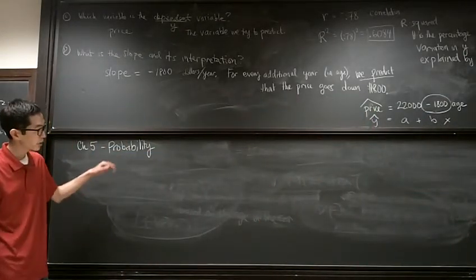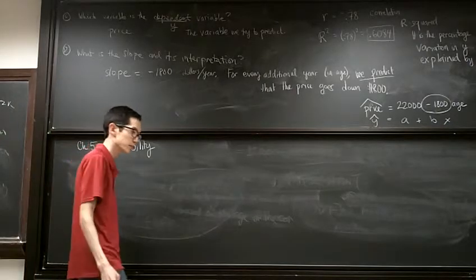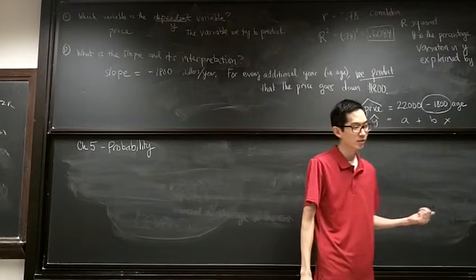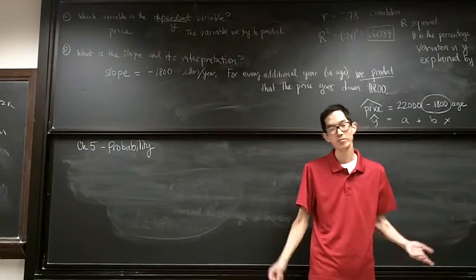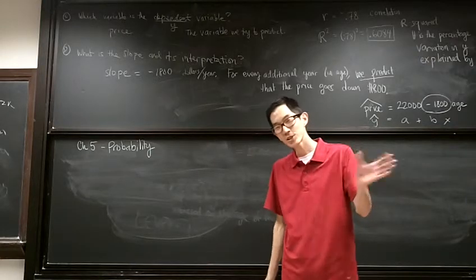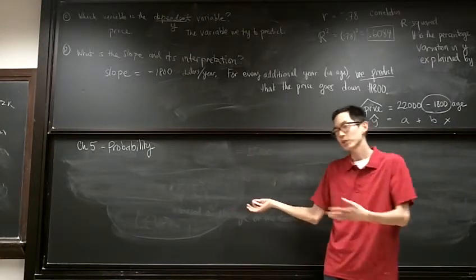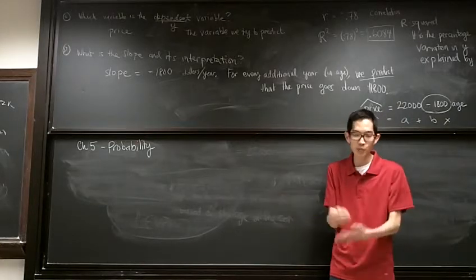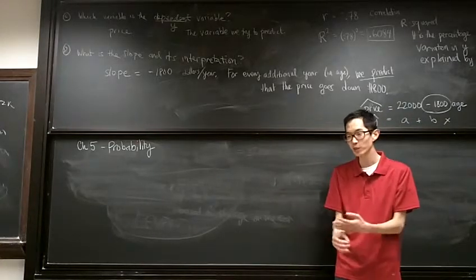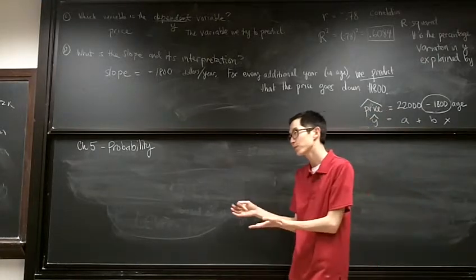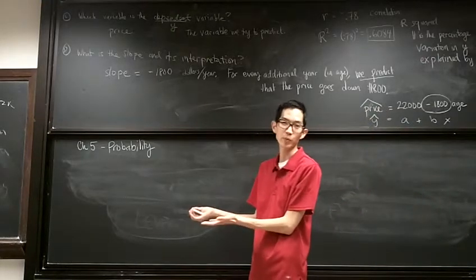All right, we're going to move on into probability. Traditionally, most students hate this chapter. Some students like it, but traditionally this is one of the least favorite chapters. But it's important that we go into it, because a lot of what we do in the future is based off of concepts from probability.